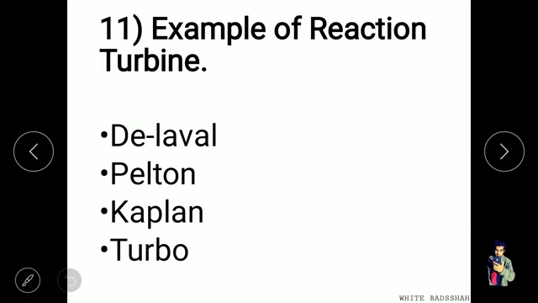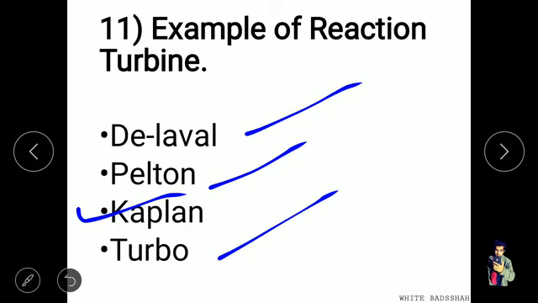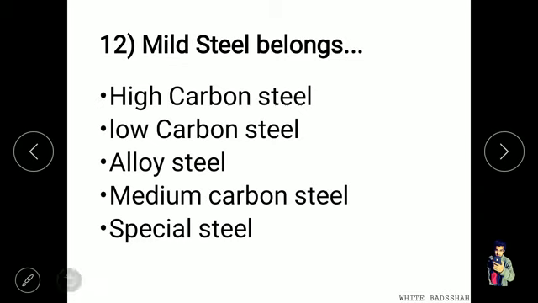Now, an example of a reaction turbine: Kaplan is a reaction turbine, while Pelton, De Laval and turgo are examples of impulse turbines. Now, mild steel belongs to low carbon steel, which contains a lower portion of carbon.